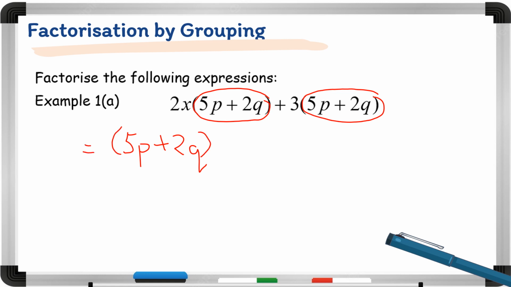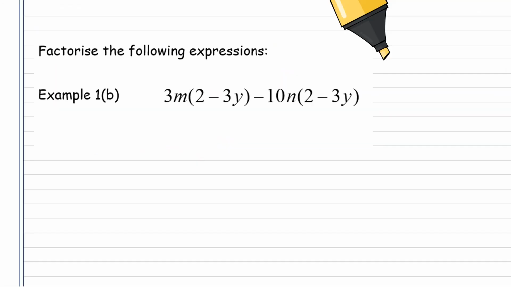So the first term, when we divide by 5p plus 2q, we will have 2x left. The operation is plus. For this term, when we divide by 5p plus 2q, we will have 3 remaining. And that's how we factorize out the common term for this slightly longer expression. You can pause the video now and factorize out the common factor for this expression.